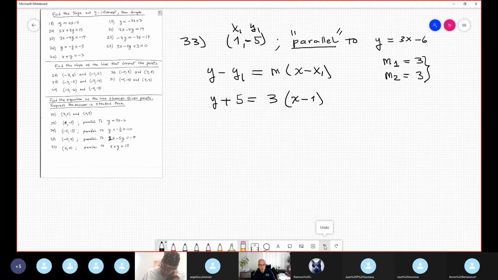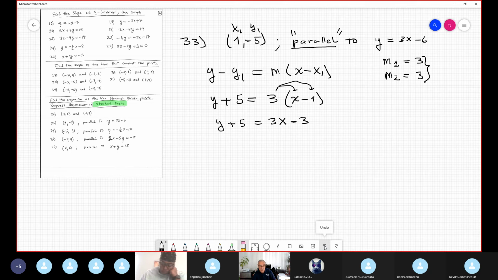Okay, ready? I apply the distributive property. We have 3x minus 3. Maybe you want a standard form. If you want standard, you move any variable to the left.